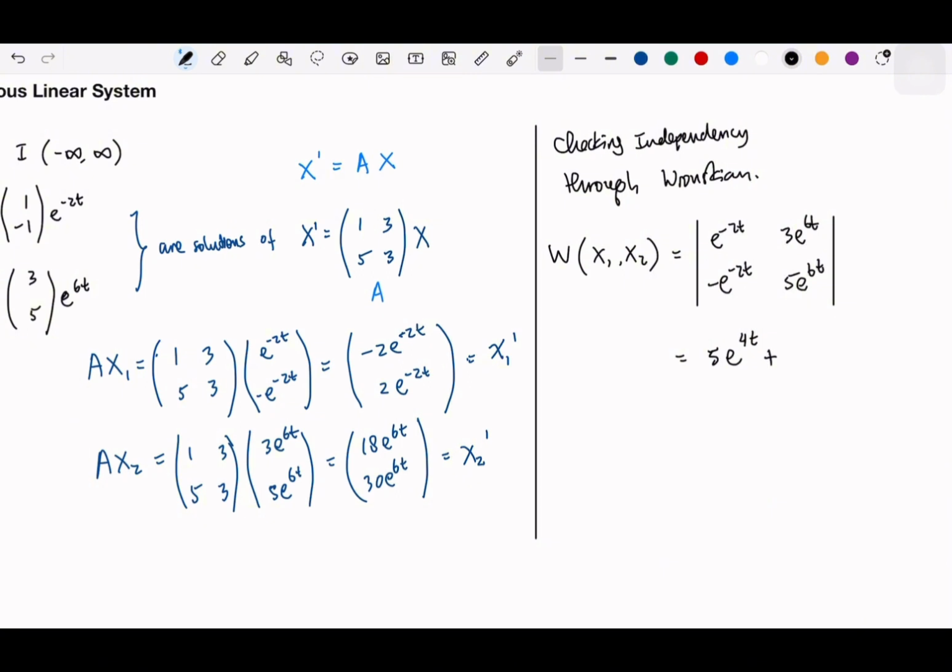Minus 3e^4t. So this will be 8e to the power 4t, and this is not equal to 0, which means that this is going to be linearly independent. So x1 and x2 are linearly independent.